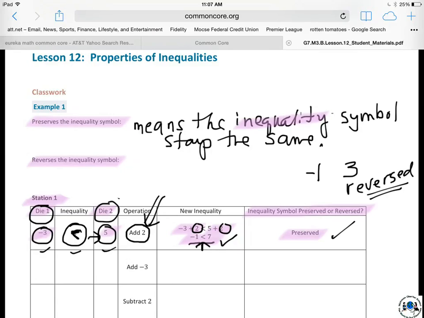See, we started with it. We solved the inequality. It looked like that. The truth is, it's not true. So we'd have to reverse it to make it true. So in this case, we can write down here, means the inequality symbol switches.